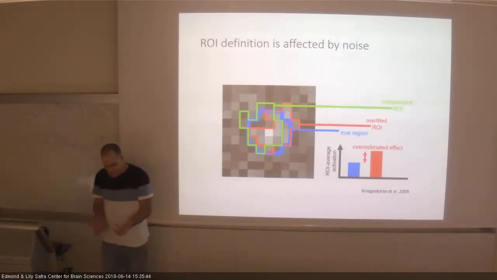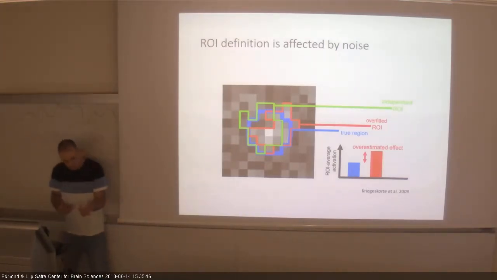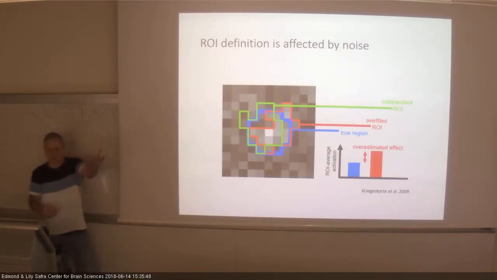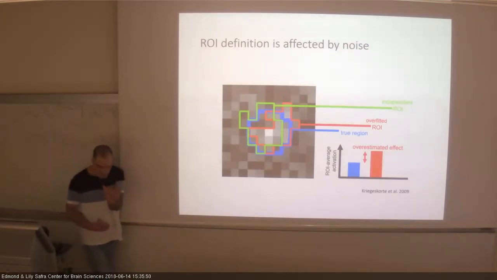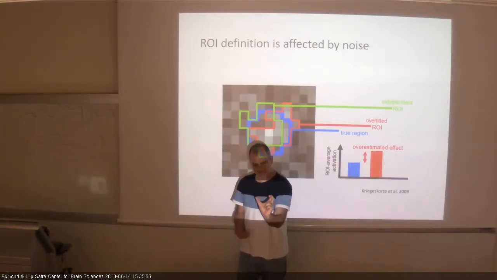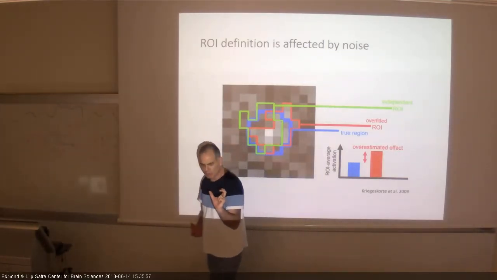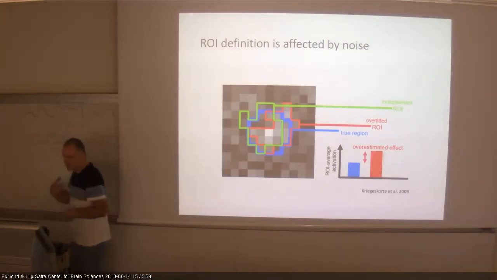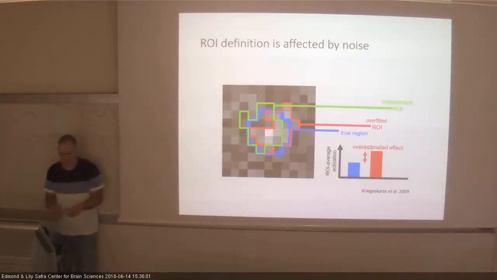So whenever I get a result, for example, when I define a region of interest, that specific region of interest is a result of the real effect and some noise. And if I then use the same data to analyze, I would sample the same noise, and that I shouldn't do. But we don't have time for that.